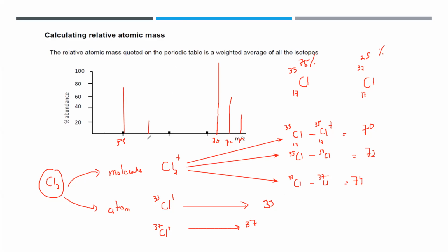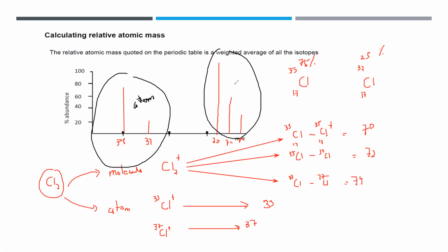So the total number of peaks for chlorine is not two, it will be five peaks. Two peaks are due to the atoms of chlorine, and the remaining three peaks are due to the molecule of chlorine.